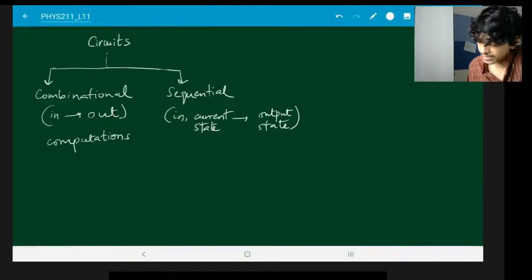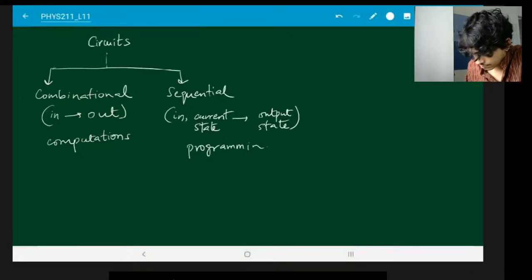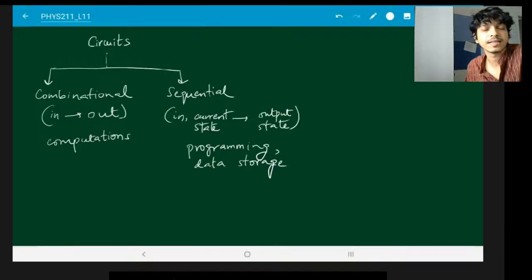So these kinds of circuits or devices, the sequential ones, can also be used for programming and for storing data. Because then you can say things like, if your current state is, so we are doing digital, so states are always 0 or 1. So if your current state is 1 and I'm giving you a certain input, then you keep your output as 1 or you change it to 0.